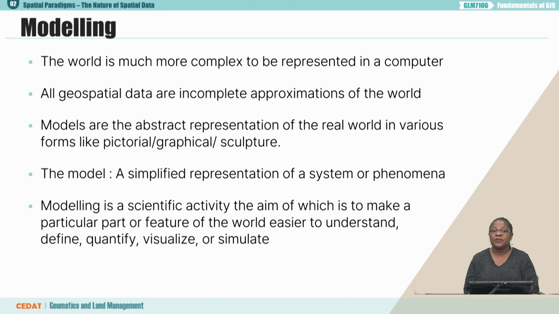Modeling is a scientific activity, and the aim of modeling is to make a particular part or feature of the world easier to understand, define, quantify, visualize, or simulate. So the reason we model is so that we can create understandable situations, definitions, quantifications, visualizations, and simulations.